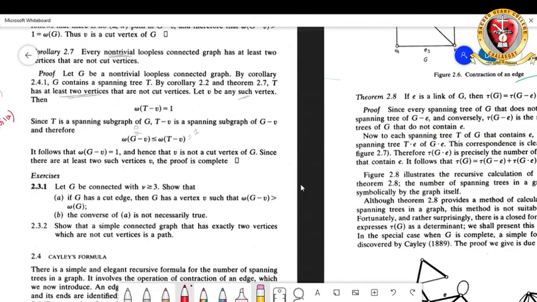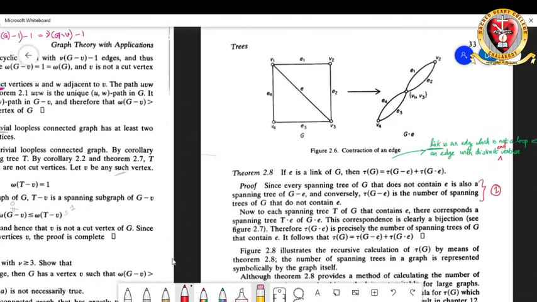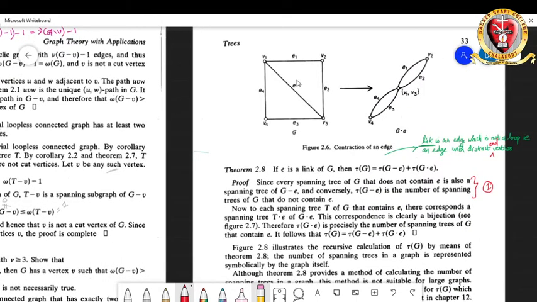To get a good picture of what is happening in an example, suppose this is the graph and this is our E. We are going to form G dot E. For that, first we remove this edge completely.